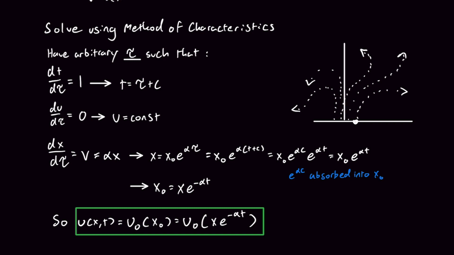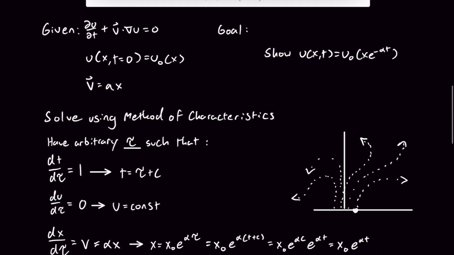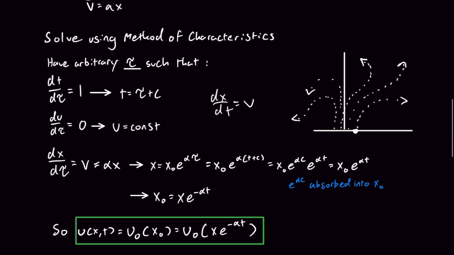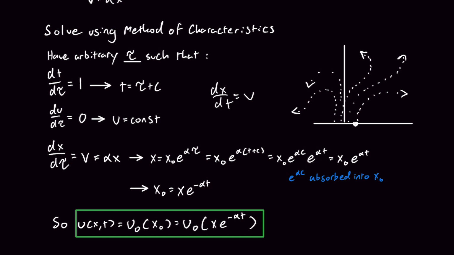And then dx d tau is going to be v. Why is that? Well, because the time derivative of x is going to be v. So over here, then you know that this is going to be alpha x.